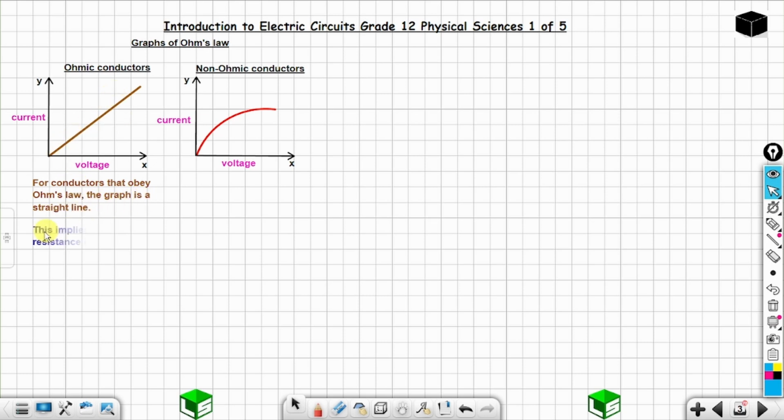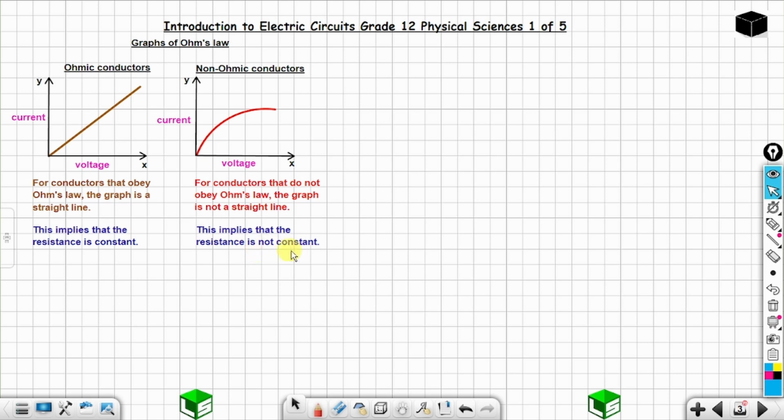This implies that the resistance is constant. Now, for conductors that do not obey Ohm's law, non-ohmic conductors, the graph is not a straight line. So this implies that the resistance is not constant.